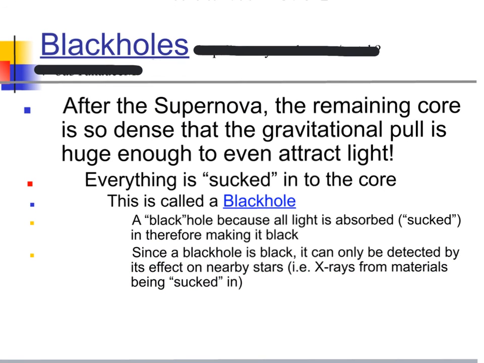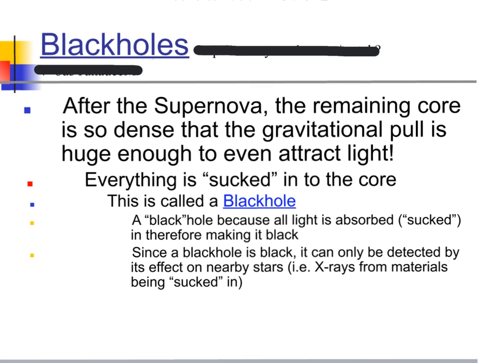Now, at times, what will happen is if the core has a lot of mass and it is so dense that there is an extreme gravitational pull, it can create a black hole. The reason for that is that if the gravitational pull is great enough, it will be able to pull in that light or attract that light and suck it in to the core.